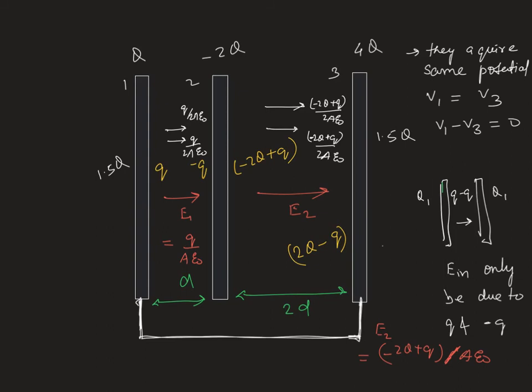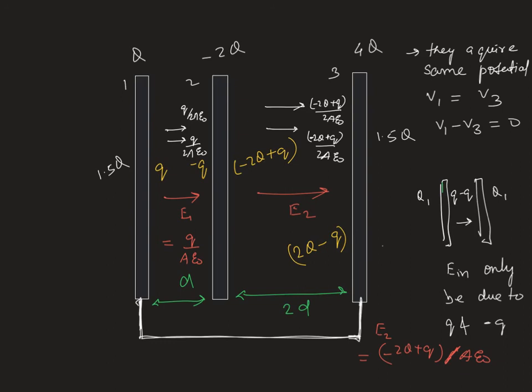So I have taken this charge to be positive, the field will be away, and this charge to be negative, the field will be towards. Likewise for the other pair, and in both cases you can see the fields are getting added up. So in the first space, the field is q by a epsilon naught, and in this space the field is minus 2q plus q by a epsilon naught.